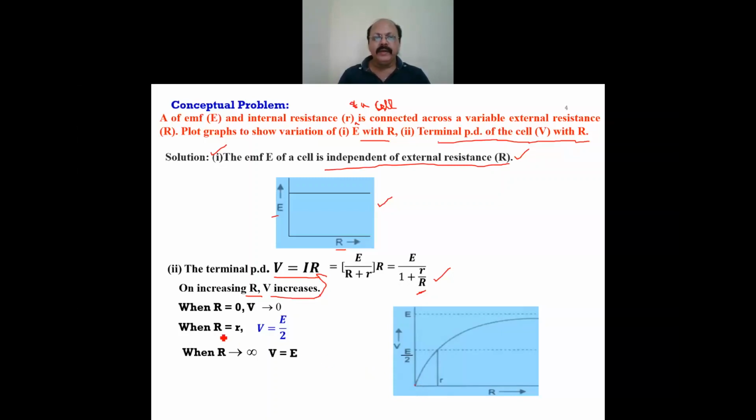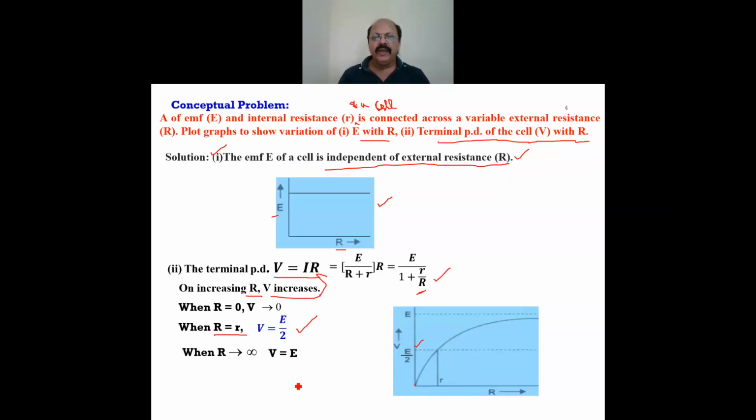Now when capital R, the external resistance, is equal to the internal resistance of the cell, what happens? If you place capital R in place of small r, this capital R gets cancelled and you get only 1 here. So 1 plus 1, 2. So you will get V equal to E by 2. So in the graph you see that here it is E by 2.